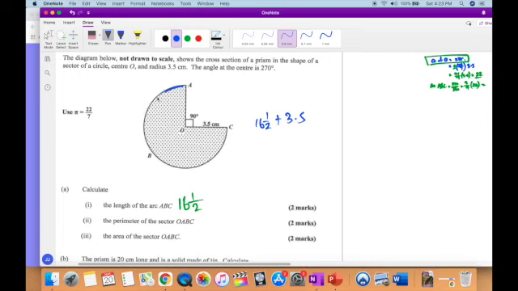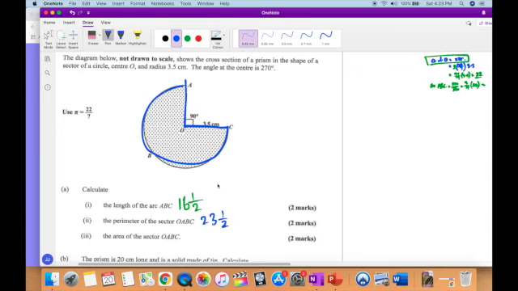So I take in the 16.5 and I add in this 3.5 and this 3.5. So that will be plus 3.5 by 2. 23.5, you got that? Yes. Lovely.